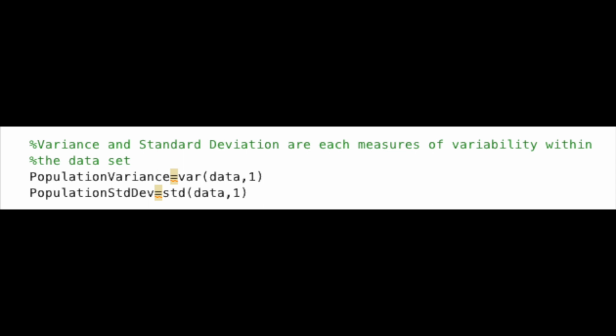And we indicate that that's what we want to compute by supplying a separate input of 1 for each of these computations. And again, we've captured the output of these computations with variables called population variance and population standard dev.